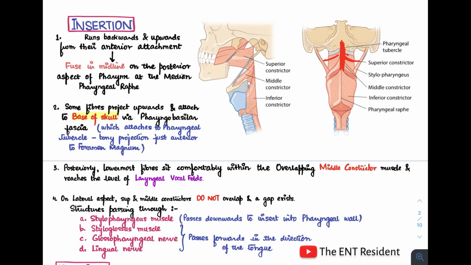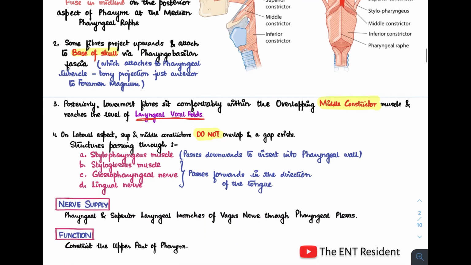And posteriorly, the lowermost fibers sit comfortably with the overlapping middle constrictor muscle, which is the next muscle lying down, and it reaches the level of the laryngeal vocal folds. So this is the lowermost limit of attachment of the superior constrictor muscle. On the lateral aspect, you will see that the superior and the middle constrictor do not overlap completely, and therefore they leave behind a gap.